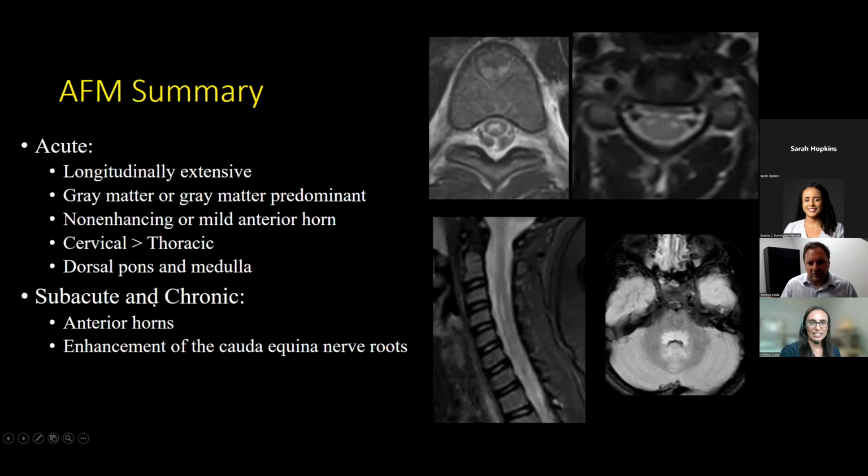In the more subacute and chronic time frame, so talking like 5 days, 7 days later, we'll start to see maybe just anterior horns show up on the T2 pattern as a possibility. And the cauda equina like to enhance in those more subacute and chronic phases. So these were the patterns I'm showing you, that central gray matter or anterior horn involvement. But sometimes just a very sharp pencil-like look on the sagittal, which can be very hard to see, and a dorsal pons and medulla pattern here.